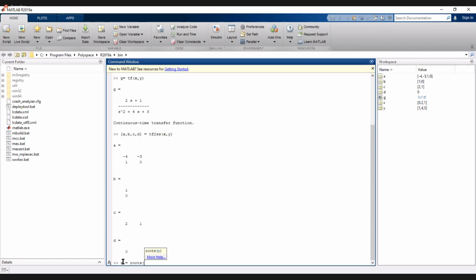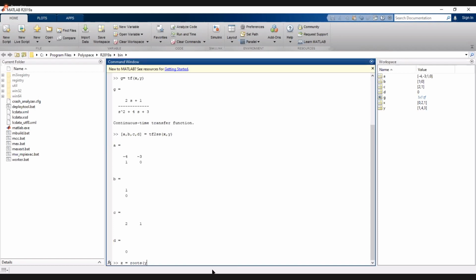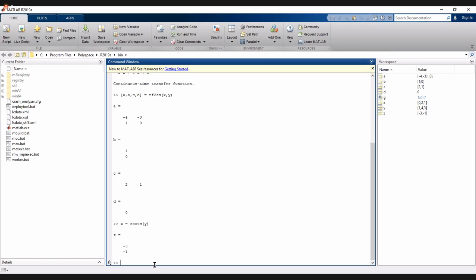Scroll up your screen a little bit, please. Yeah, close the bracket with the y, and so that is z equal roots y. So you will get the roots of the characteristic equation there, or any equation.